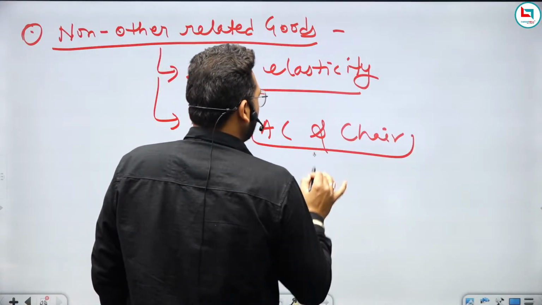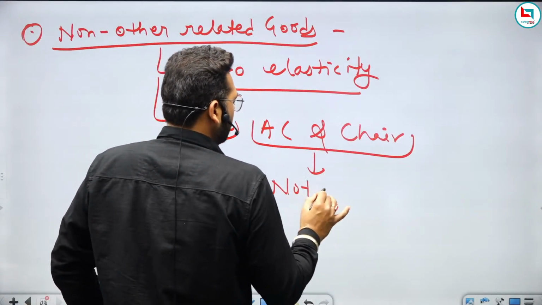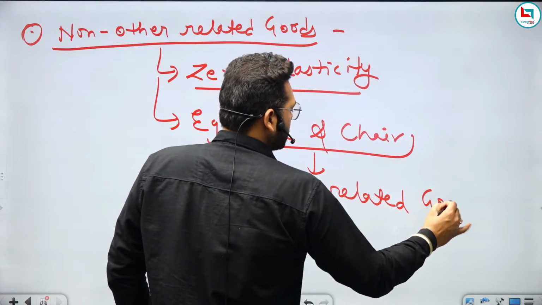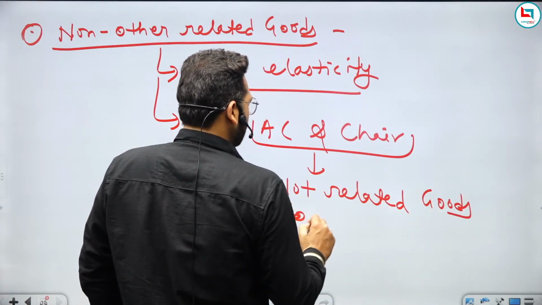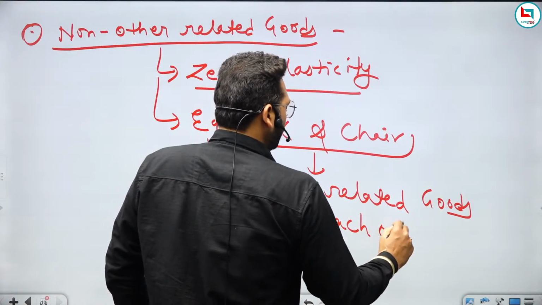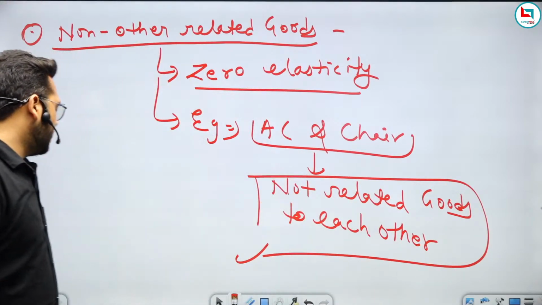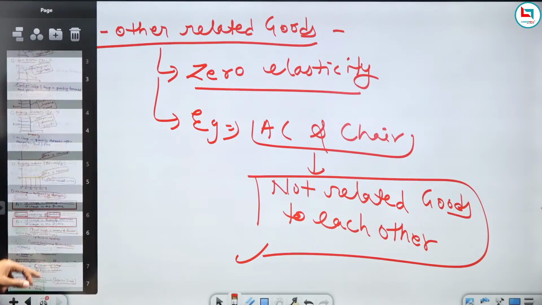They both are not related goods to each other. This is the exact completion of elasticity of demand.